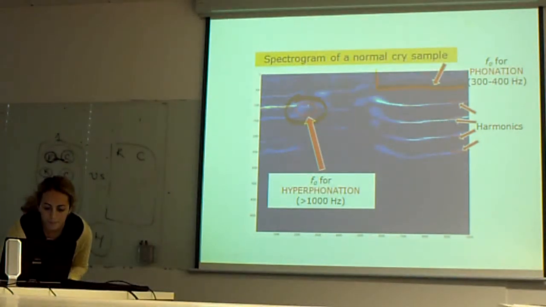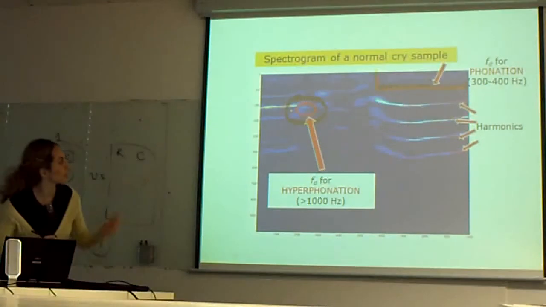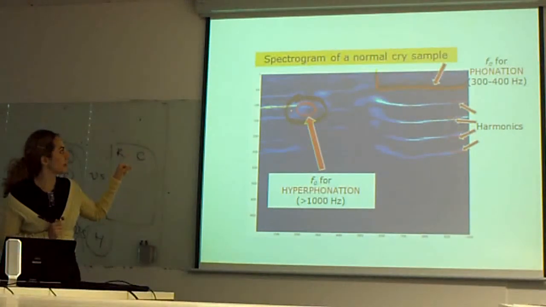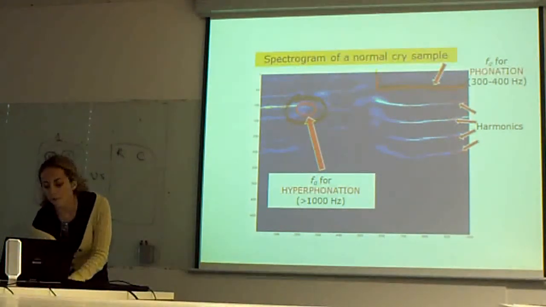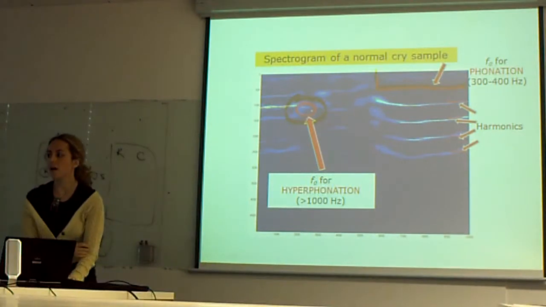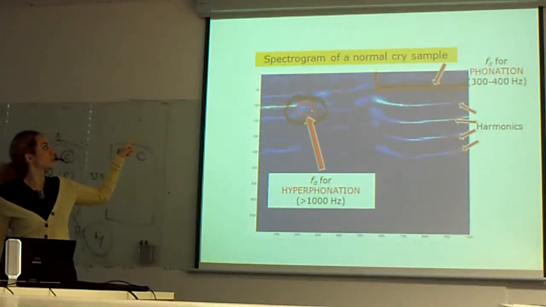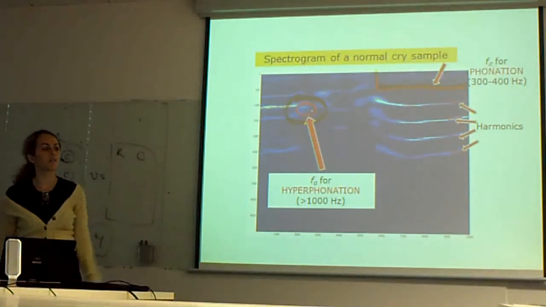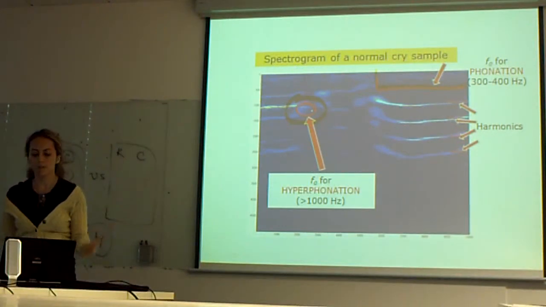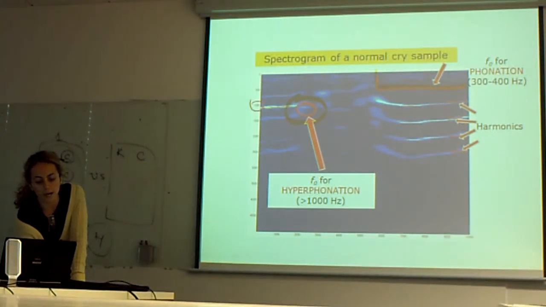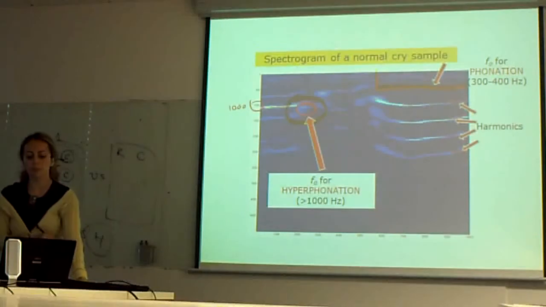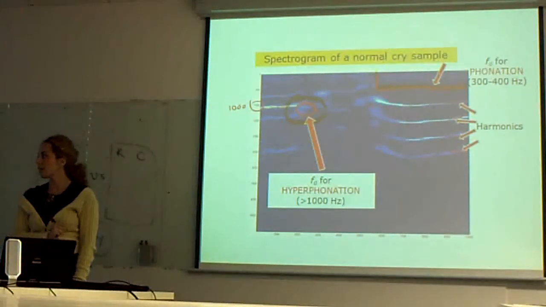Whereas here, where I put a circle around, we have hyperphonation. It's very hard for the machine to extract that kind of high pitch frequency. It's around 1000 or even more than 1000 hertz.